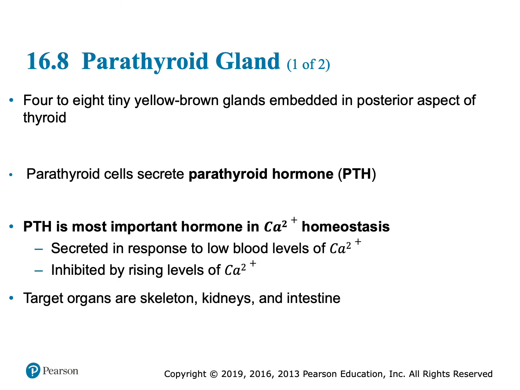So here's why you can't just go and remove that thyroid gland without a worry. If you remove the whole thyroid gland, those parathyroid glands are very deeply embedded into the posterior surface of that thyroid gland. If you take out the thyroid gland, you're taking out the parathyroid glands.